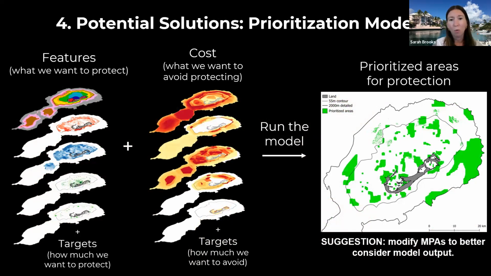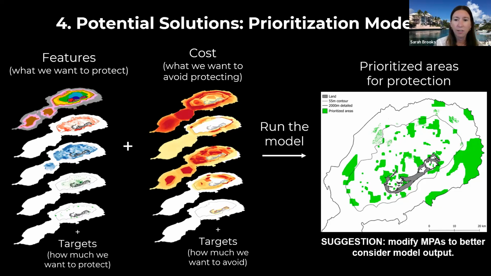And what this model has done is that it's basically suggested areas for protection in a way that achieves the ecological objectives while also removing as much human impact as possible. And this is what you can see on the right-hand side of the screen with the priority areas for protection shown in green.